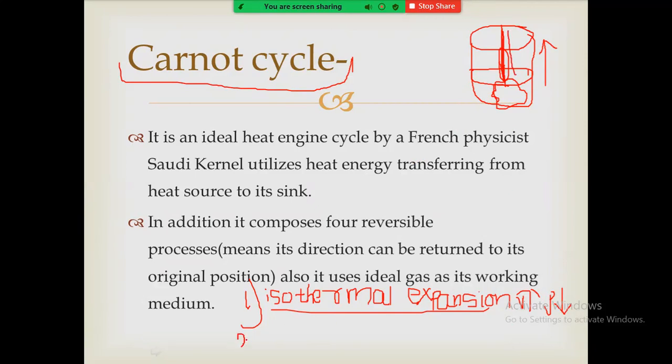At the same time, adiabatic expansion is there.